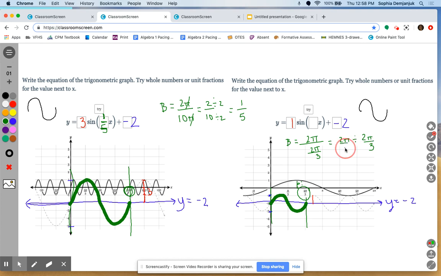So 2 pi is really 2 pi over 1. I'm going to keep the first fraction, change this symbol to multiplication, flip my second fraction, and I get 3 over 2 pi. Now we can multiply, but I have 2 pi on the top and bottom, so all I really have left over is 3 over 1, which is 3.